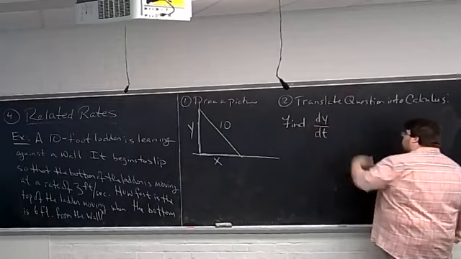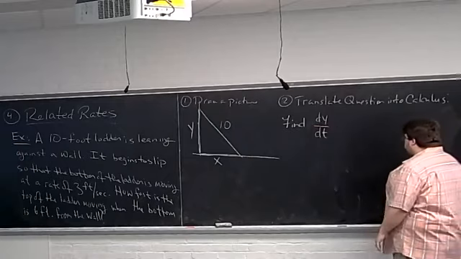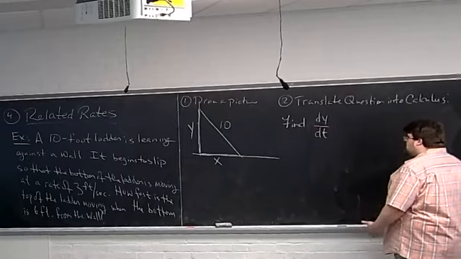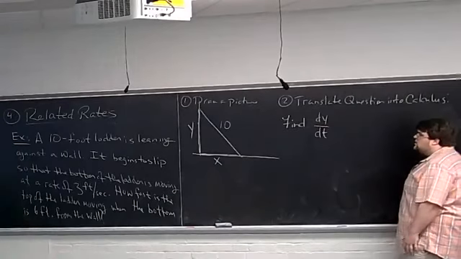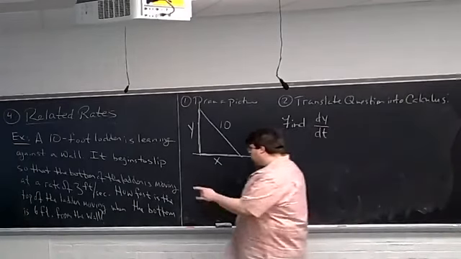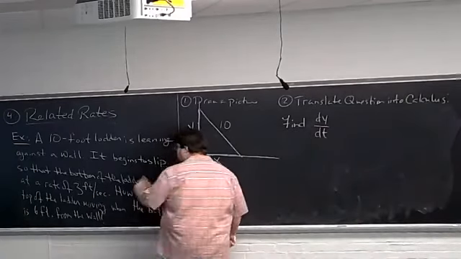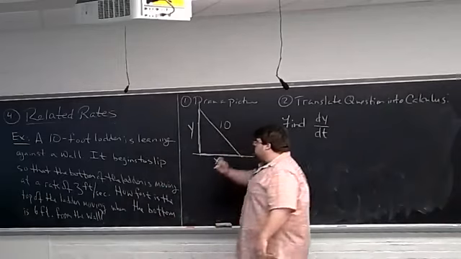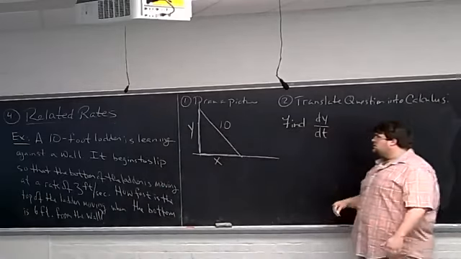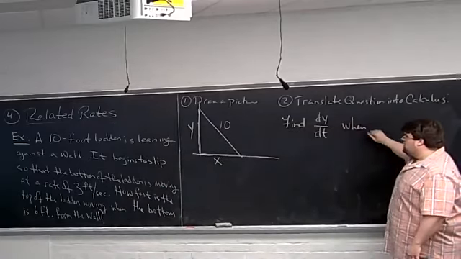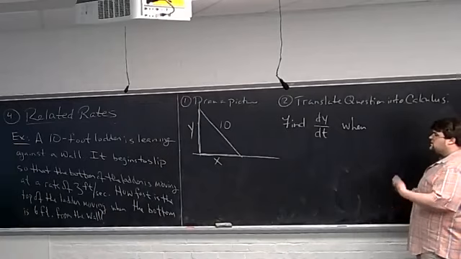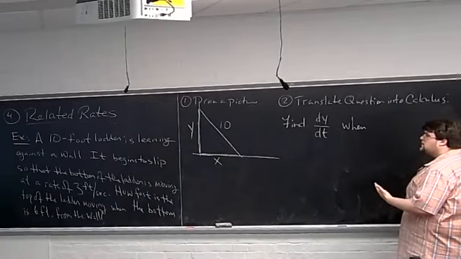We can use a derivative to give us an instantaneous rate of change. So this question is saying, how fast is the top moving? It says find dy/dt. Any questions about why this is asking us to find dy/dt?